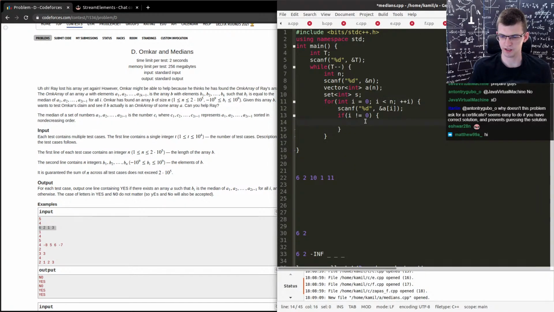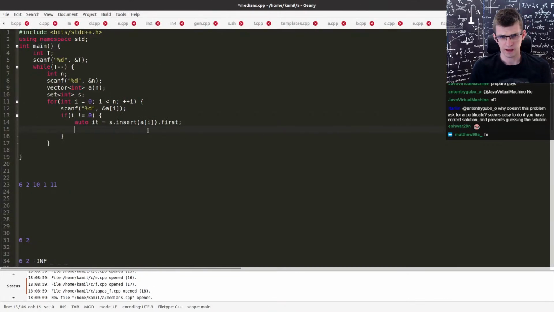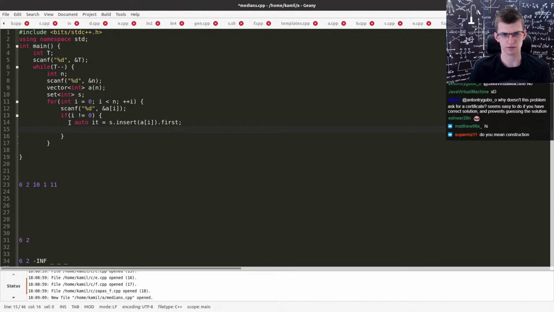If this is the case, I just need to insert a i. I think second returns iterator to this inserted thing. No, not first. Second is Boolean value whether it was really inserted. And then what? Previous or next?